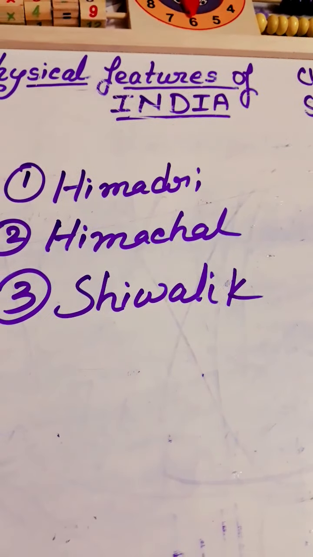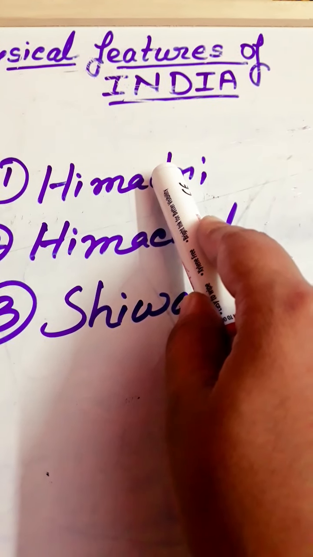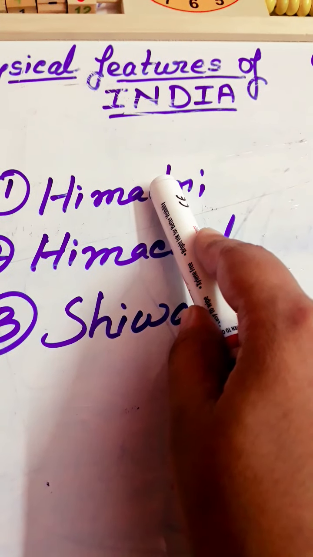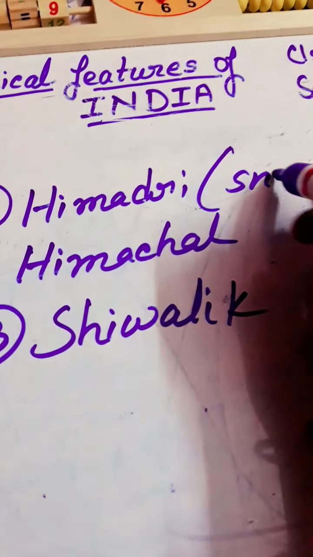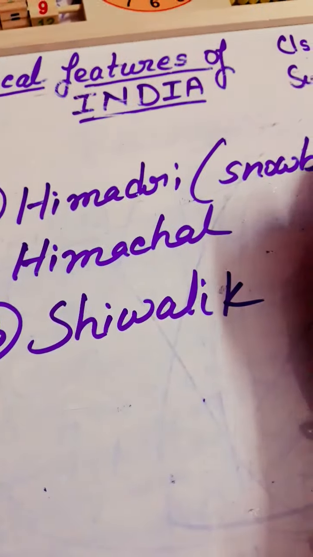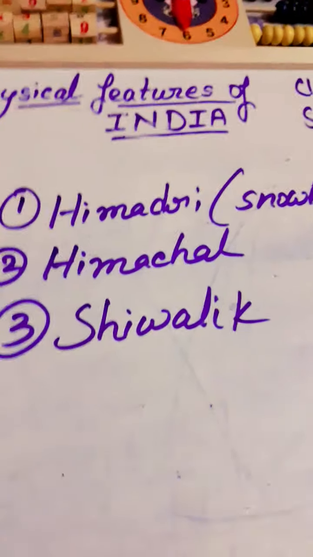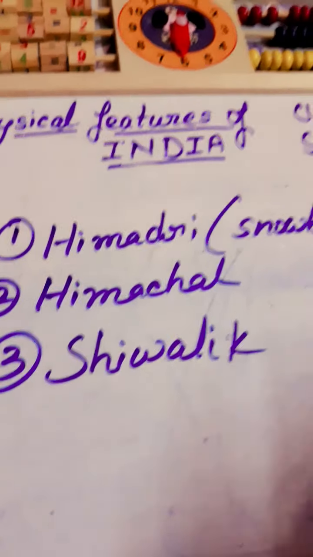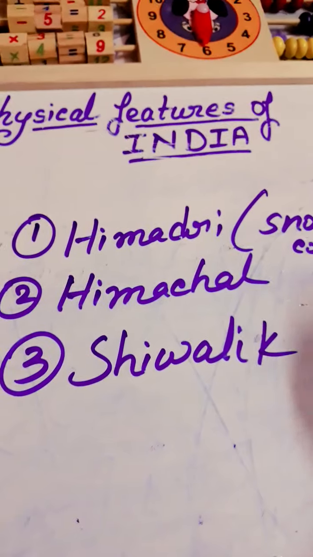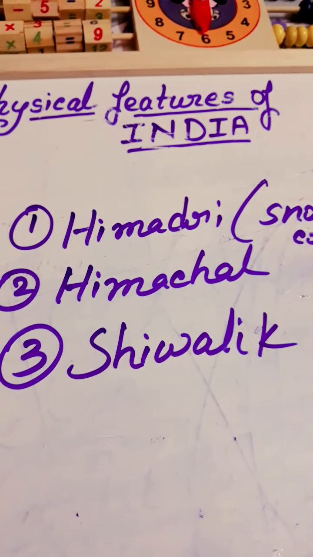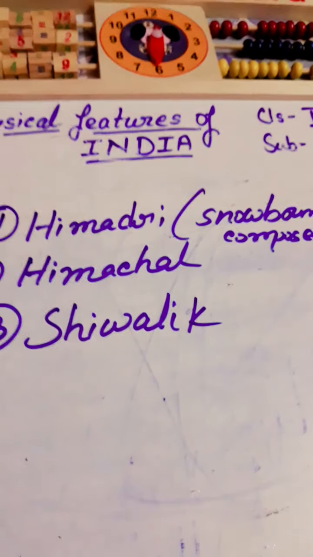In the Himadri portion, we can find it is composed of granite, and it is perennially snowbound, because all the time it is covered with snow. So these 2 things are the main features.